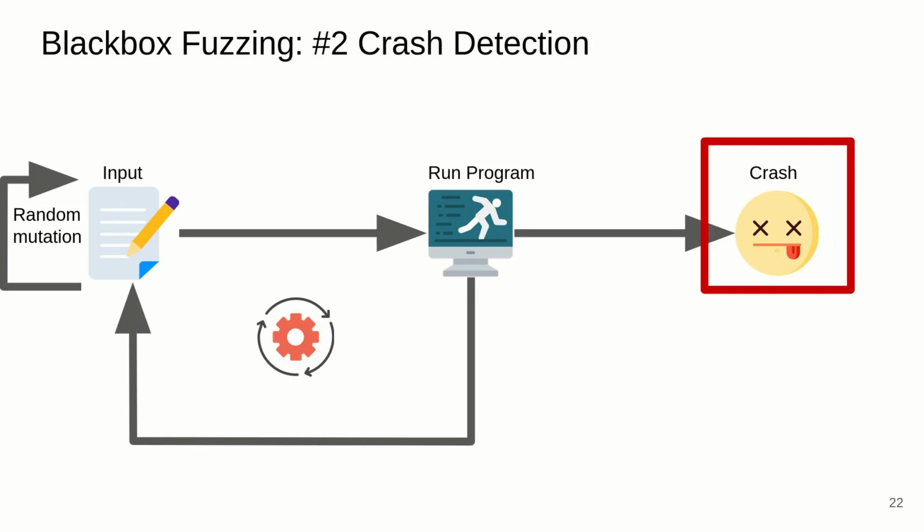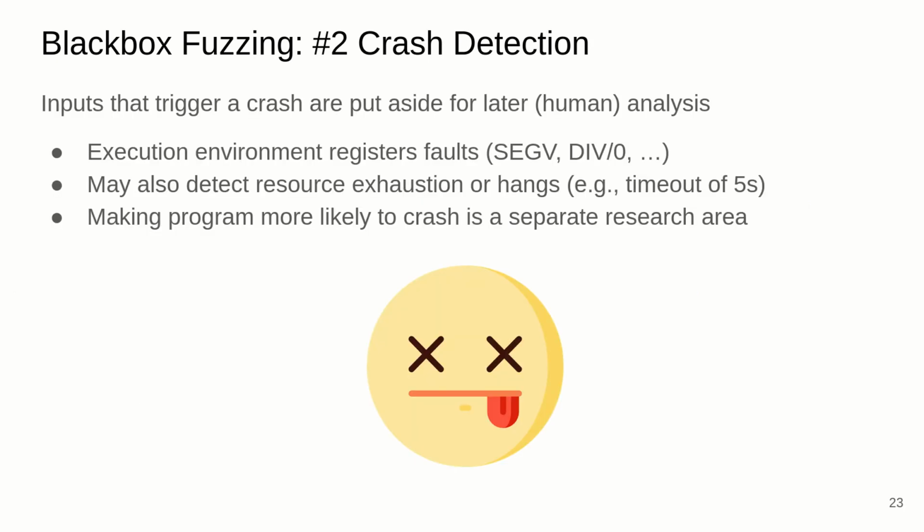Now the next step is that the fuzzer needs to detect if a crash has actually happened, right? To see if there's an issue with the target. Now, inputs that trigger a crash are put aside for later for this human analysis. And a crash is being detected by, for example, if the execution environment registers a fault, segmentation fault, division by zero exception, bus error, whatnot, right?